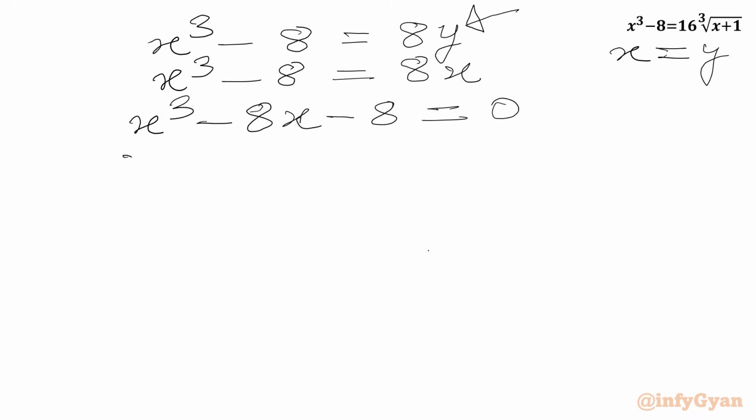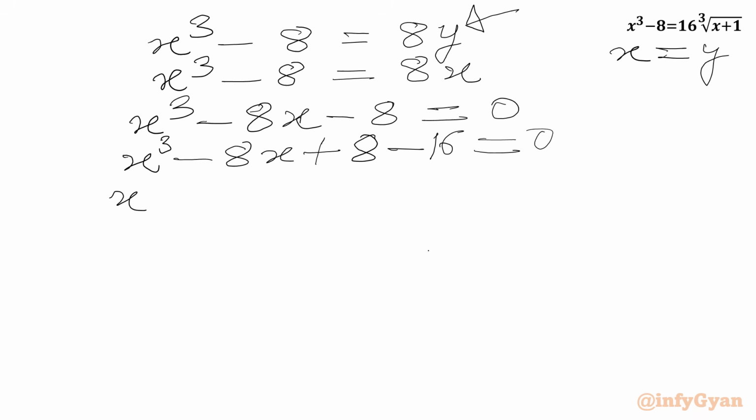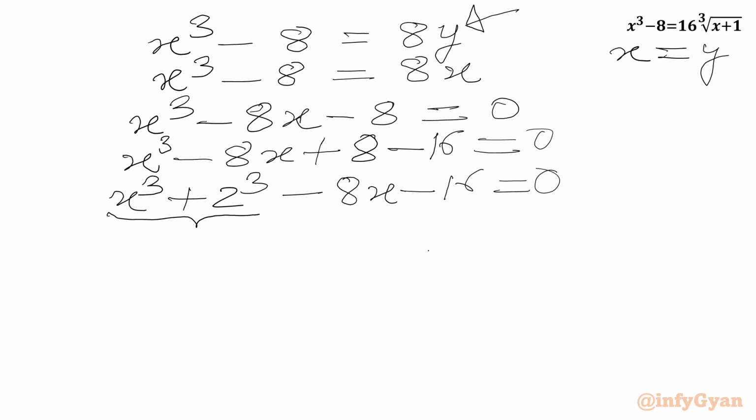Now we will use the method of factorization. We can write x cube minus 8x minus 8 as x cube plus 8 minus 8x minus 16 equal to 0. 8 is 2 cube, so we can use the sum of two cubes identity here.